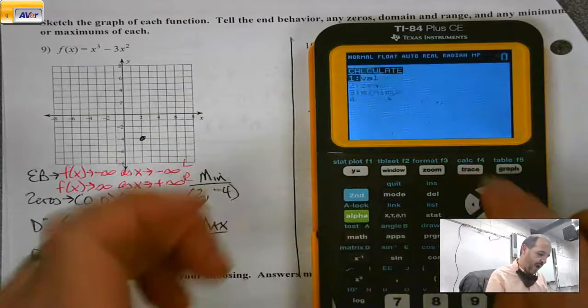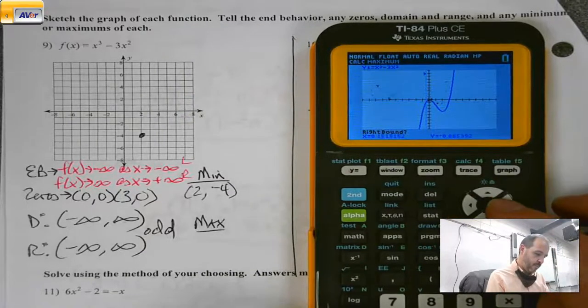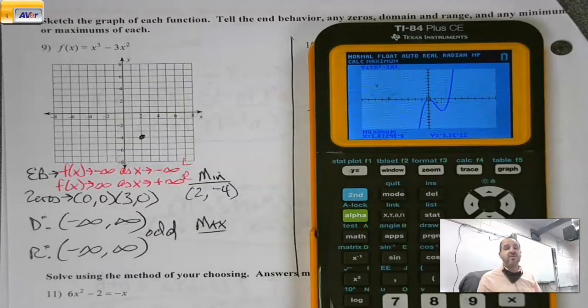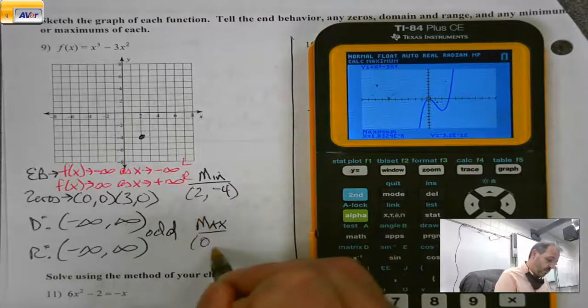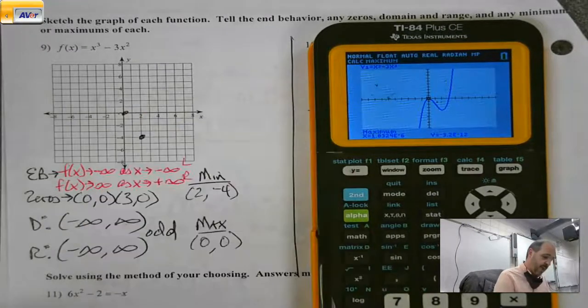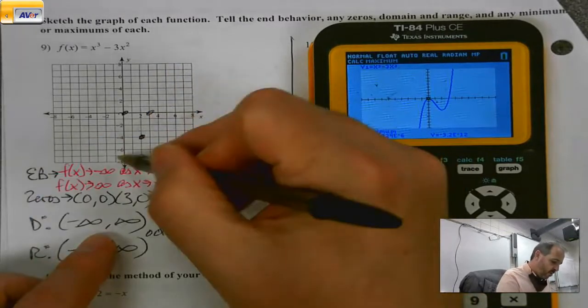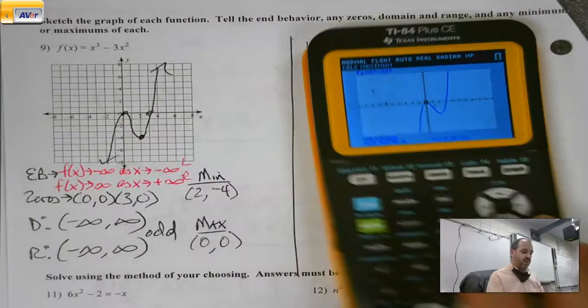I'll still try, but reminder here: if you see E, don't tell me the max is at (1.03, -3.2). I mean, we can see that's not true. Whenever you see E, E is 0. (0, 0) is my max. Okay? So now we just kind of eyeball it here. We get a decent looking sketch, we're good.